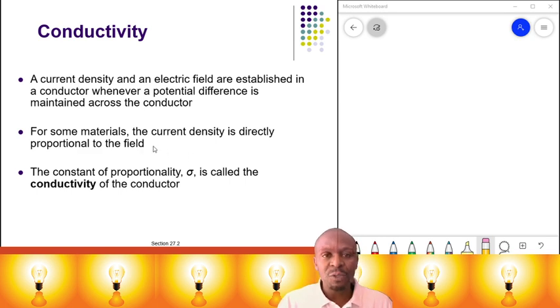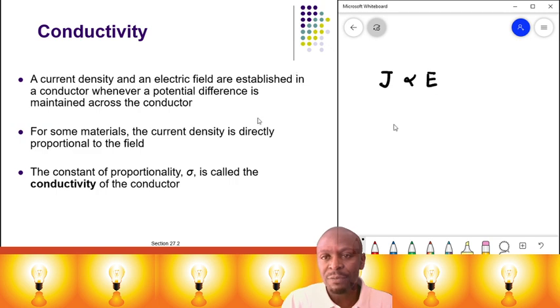Let us also talk about the conductivity. A current, current density, and electric field are established in a conductor whenever a potential difference is maintained across the conductor. For some materials, the current density is directly proportional to the field. What does that mean? It means that the current density is always proportional to the electric field.